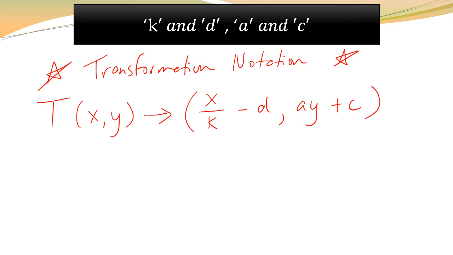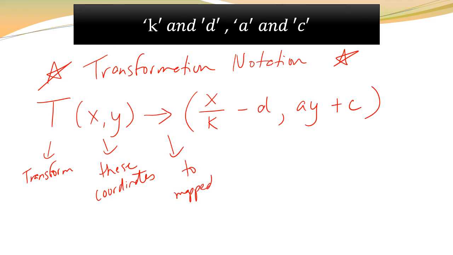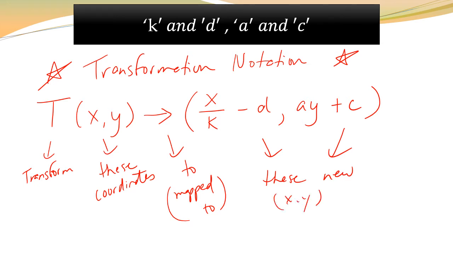And what that T stands for is transform, and then this is your parent point, so transform these coordinates. That arrow just means to or mapped to. And then these new x and y coordinates.